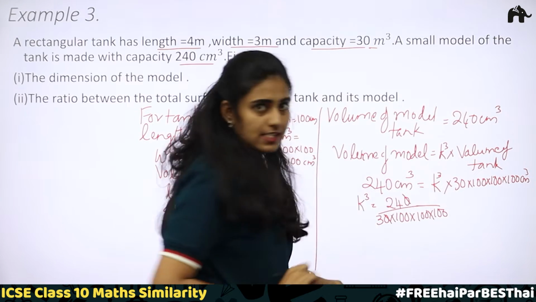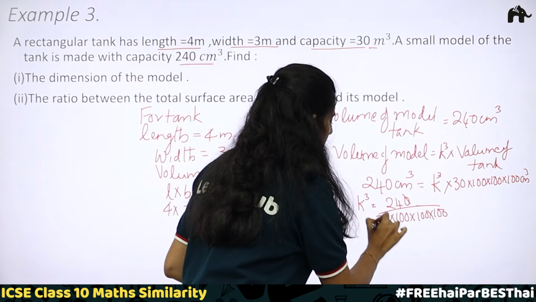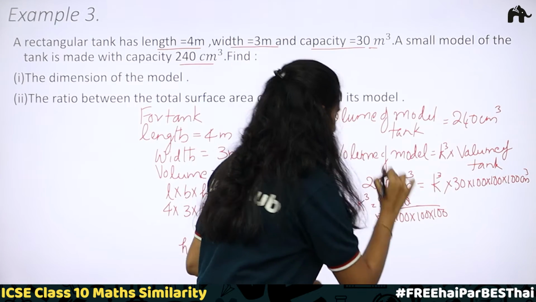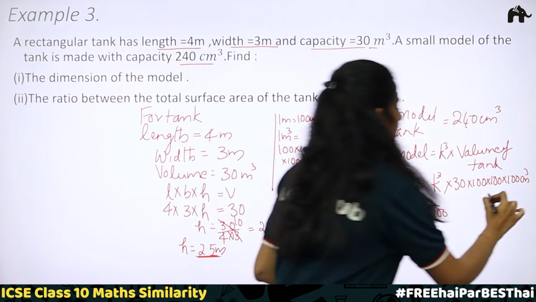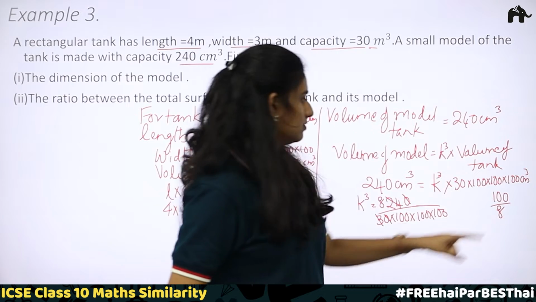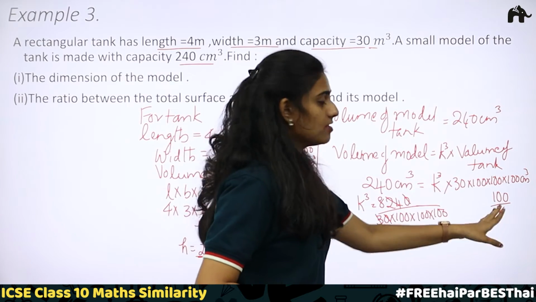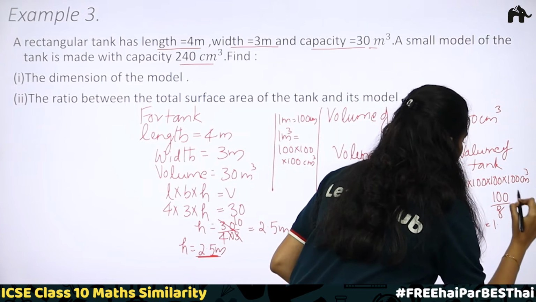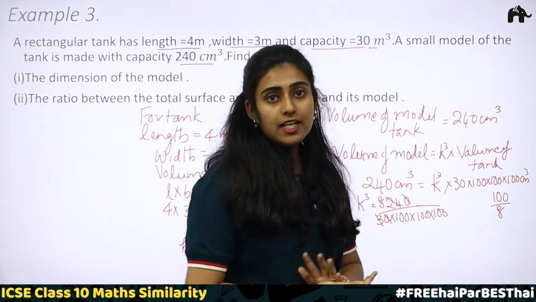0, 0 gets cancelled. Now, here we have 3 and 24 can be cancelled, which is 8. Okay. What is 100 divided by 8?